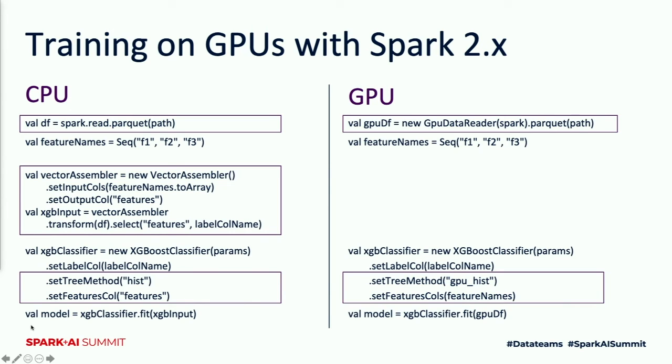On the right code, you can see we customized the GPU data reader to load the data into a GPU dataset, and we skipped the feature vectorization because we already loaded the data into the GPU memory in column format. Instead, we specify the feature column lengths when building DMatrix. And finally, we fit the GPU dataset to the XGBoost classifier or XGBoost regressor.